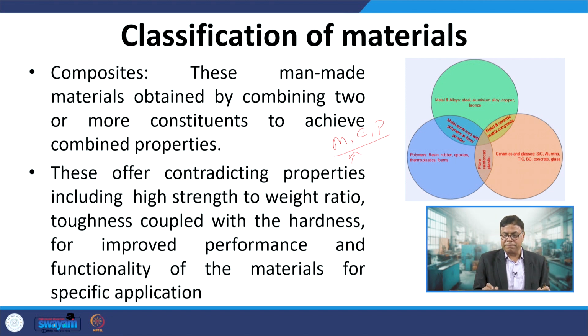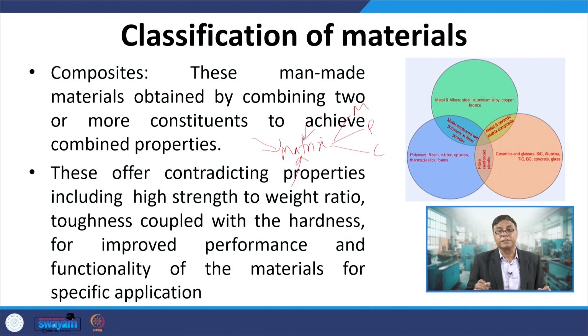Composites are basically man made materials obtained by combining two or more constituents to achieve the desired set of properties. Here we can have one material which is termed as matrix, which can be metal, polymer or ceramic, and then in the matrix we try to introduce the suitable constituents as per the requirement of the properties.